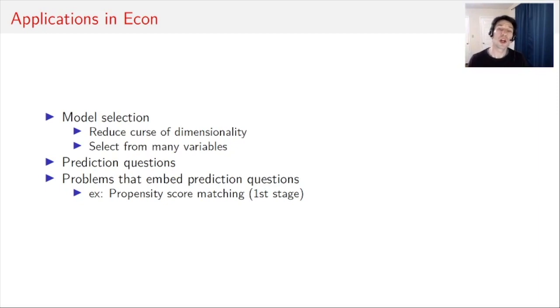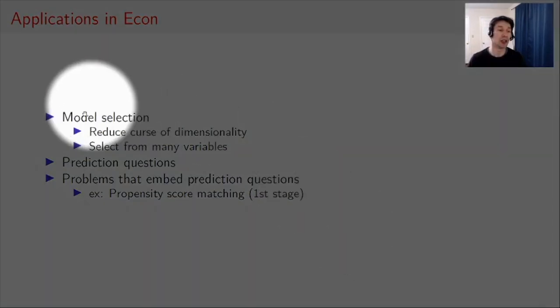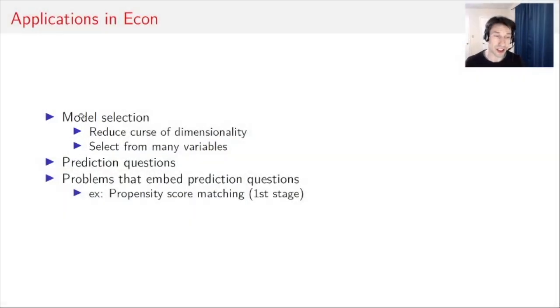So you might ask, what are the applications for us in econ? What particularly might we do with these methods? Well, the first thing obviously is model selection. For reducing the curse of dimensionality, or if you have lots of variables, you can use something like Lasso to select a model with fewer variables when you have too many.